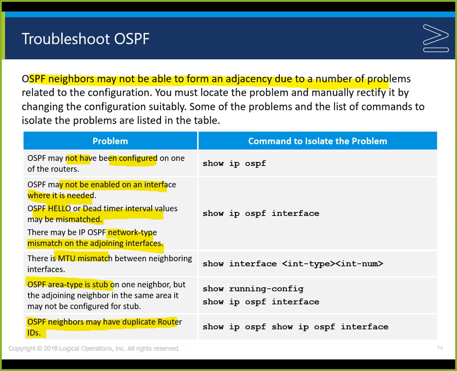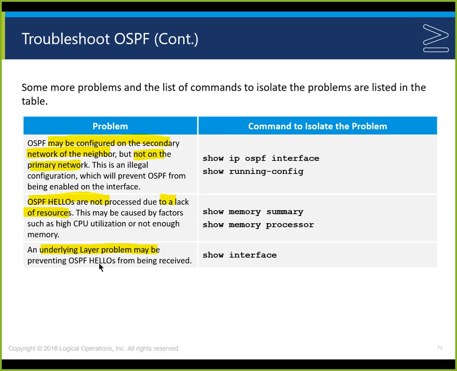You can configure the router ID using the router-id command, and if you accidentally use the same one on two routers, then they can't form the relationship because of the duplicate IDs.